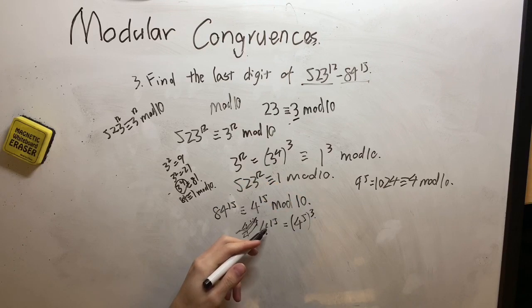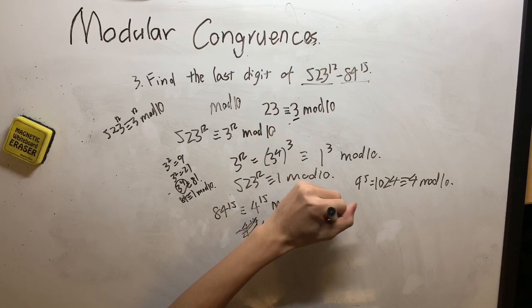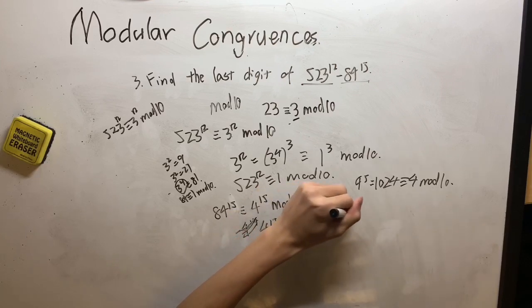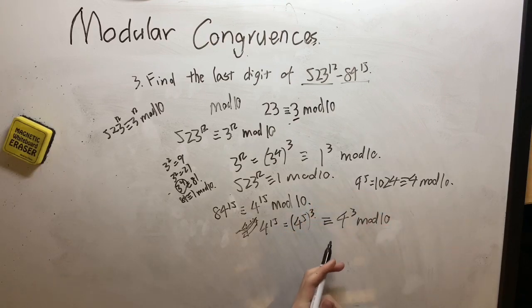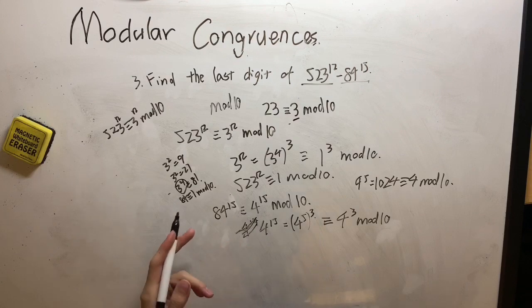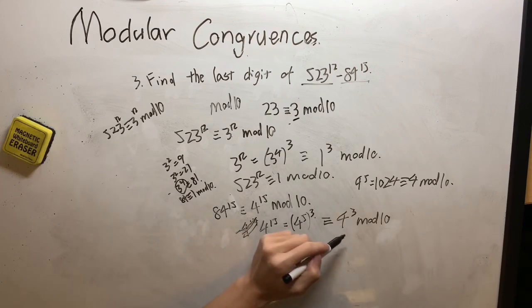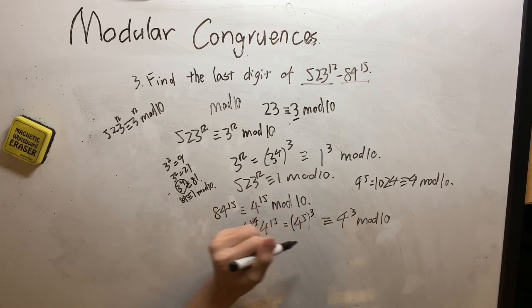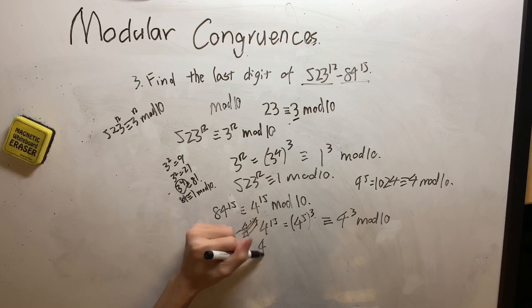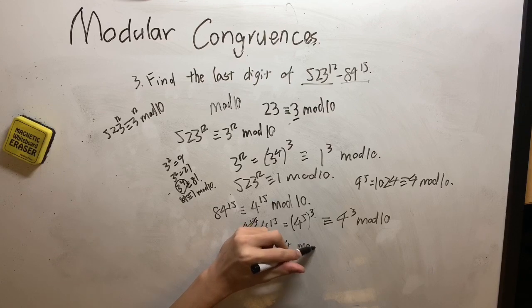Thus, we switch 4 to the 15th to 4 cubed mod 10, and this is much easier to find. This is the magic of modular congruences. So 4 cubed equals 64, which is 4. So 84 to the 15 is congruent to 4 mod 10.